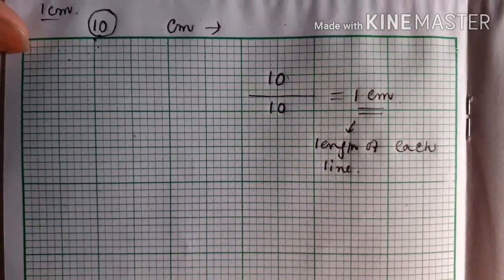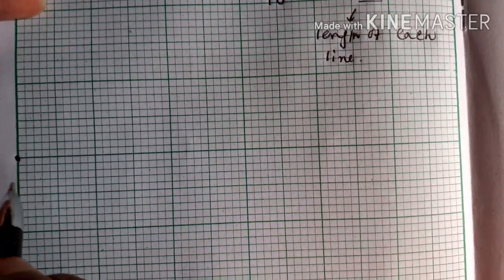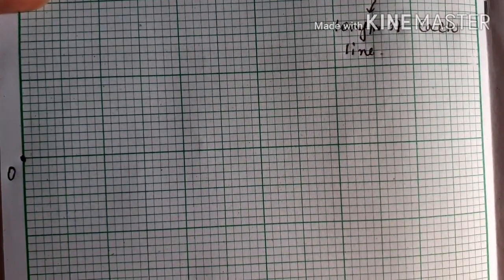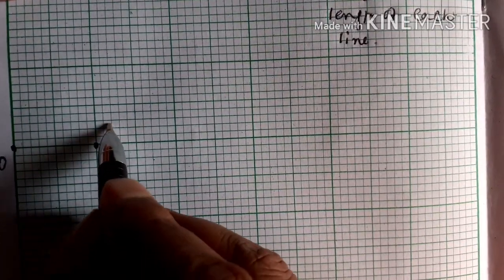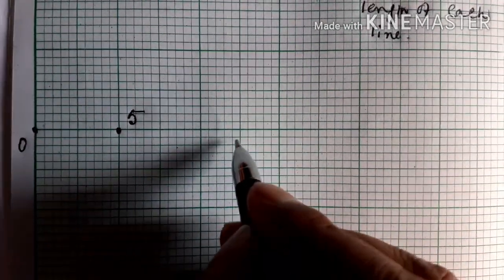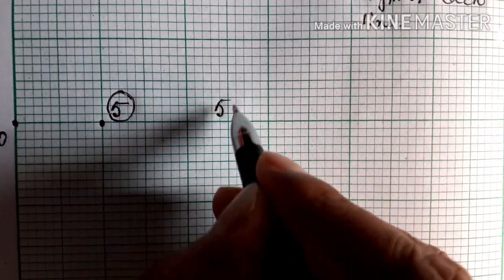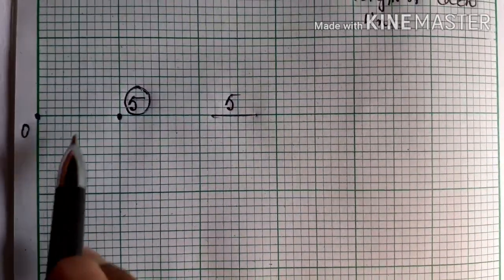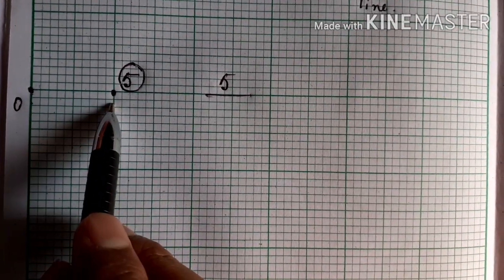Suppose you are not doing it this way. Suppose from this point you have written 0, and in this point you have written 5 only, not 10. Then how can you get the length of each line? I told you the formula: the last digit, that means 5, divided by the number of lines from 0 to 5.